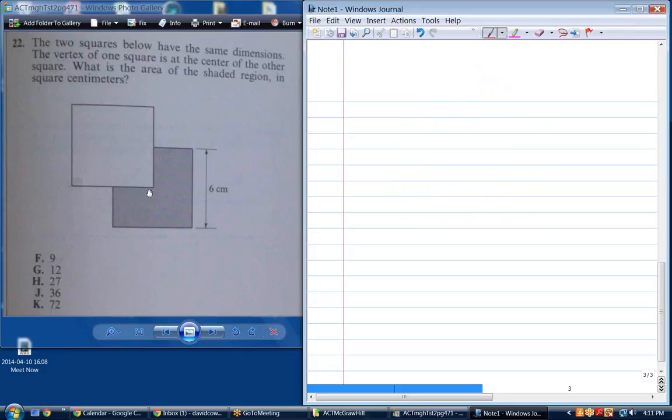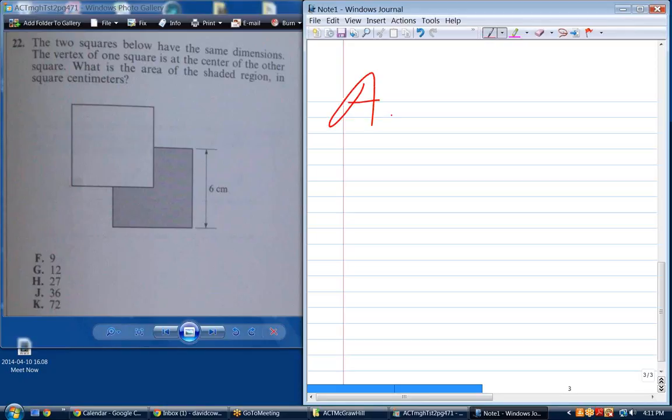This might be the one exception, although you can certainly do this as a subtraction problem. Let's do it as a subtraction problem. What is the area of the square underneath? Would it be 36?